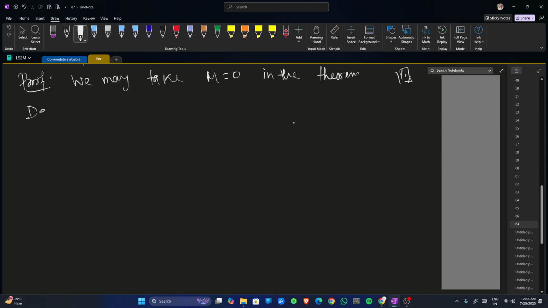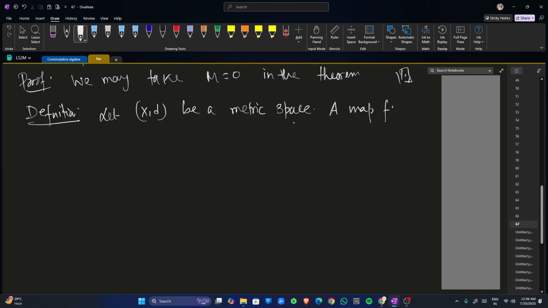Definition: let (X, d) be a metric space.